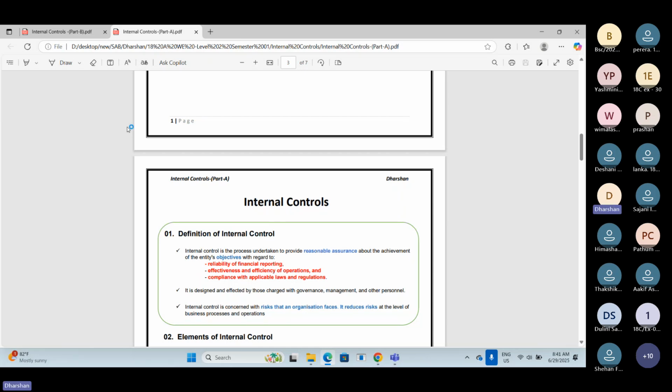In order to distribute without any interruption, they need to maintain the motor vehicles properly. To achieve that objective, at regular intervals they have to do the servicing. That part will come under operational control, in order to enhance the effectiveness and efficiency of the operation.